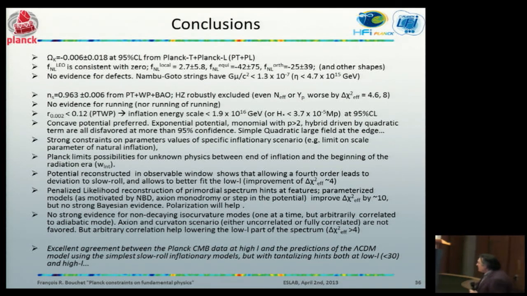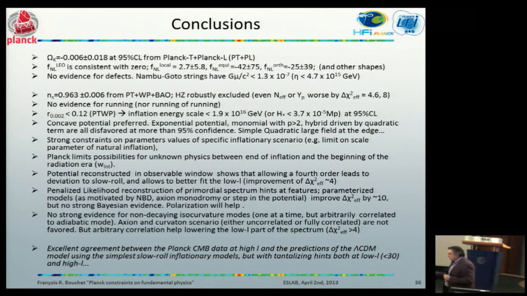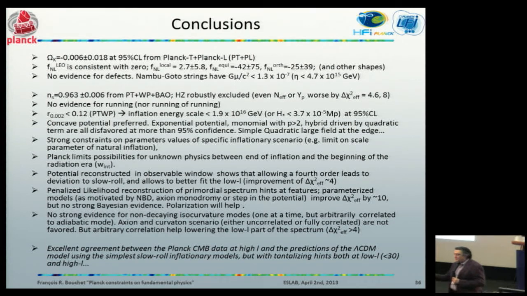On the other end, there are essentially two categories of tantalizing hints, and they are at low L and high L. At high L, what I told you was essentially mostly around L of 1800, which can be related to this K equal 0.1 feature. And there we're blessed with a lot more data coming in and no cosmic variance limitation, and we are pretty sure we'll be able to tell you more about this.